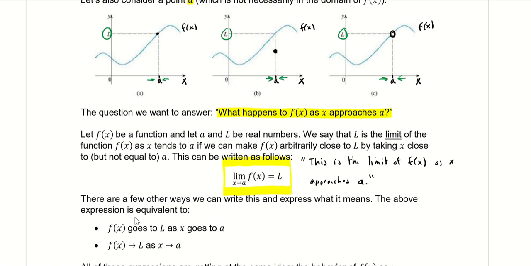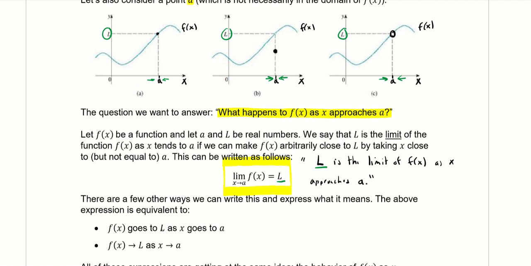And let me make that a little bit more precise. Instead of this, I'm going to say capital L. L is the limit of our function as x approaches a. So L is a specific value, some number, some quantity.